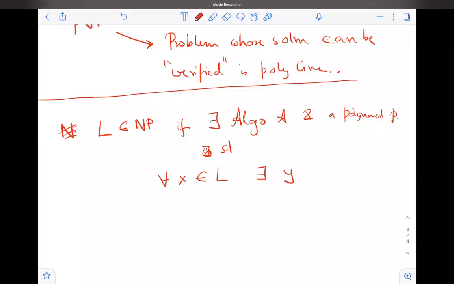How big is y? The size of y is less than, say, p of x. So y can be a little bit bigger. This is called the witness.